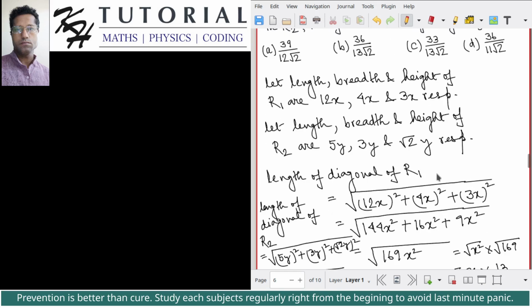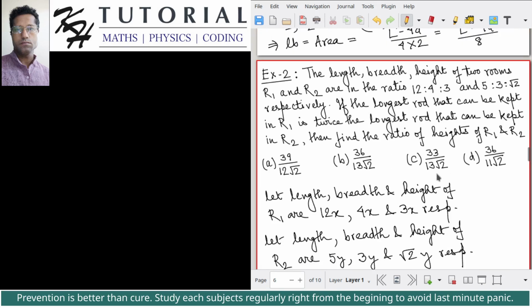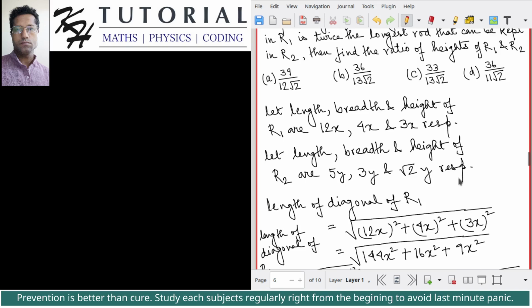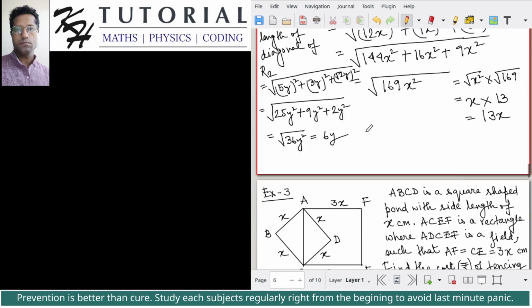Now it is given that the length of the longest rod of R1 is twice the length of the longest rod of R2. So this implies that 13x is equal to 2 into 6y, because 6y is the length of the longest rod of room R2, and 13x is the length of the diagonal of R1.